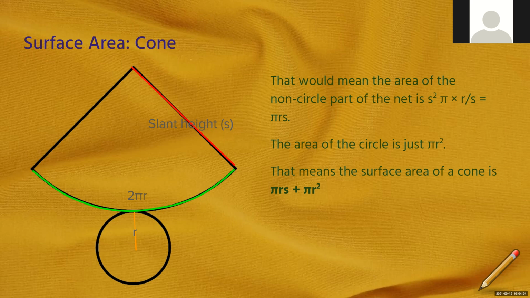The area of the circle down here is just pi r squared. So we sum them together and we get pi r s, which is this, plus pi r squared, which is the base. Does anyone have any questions on that?